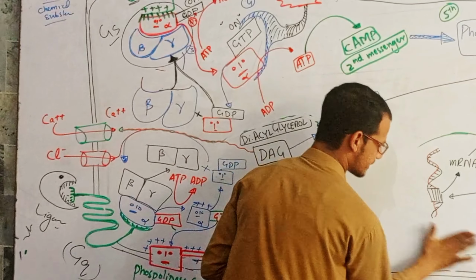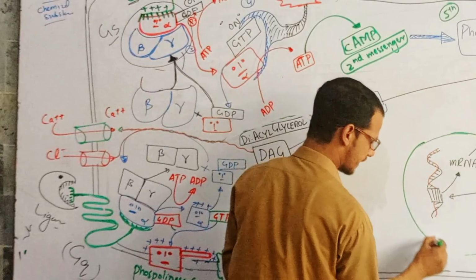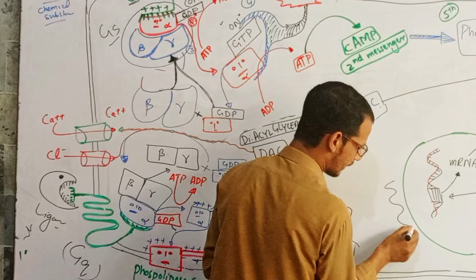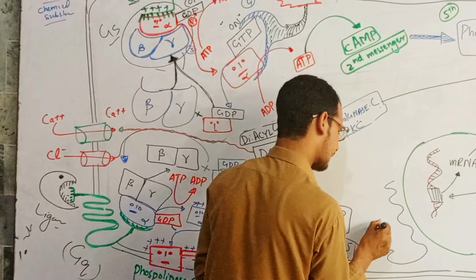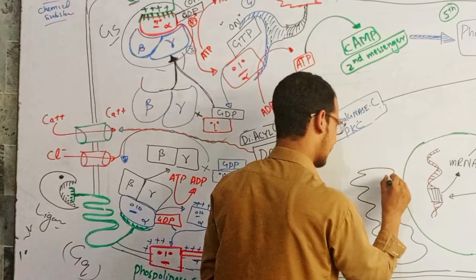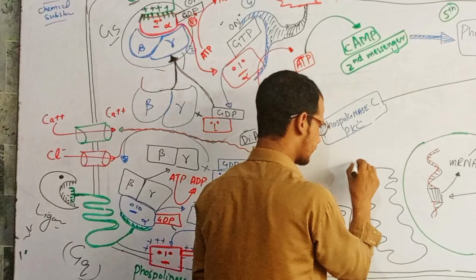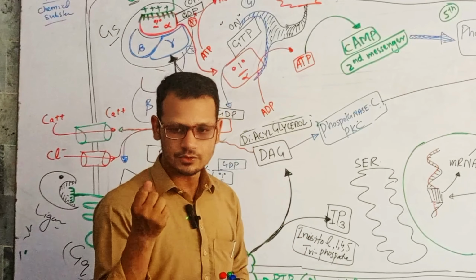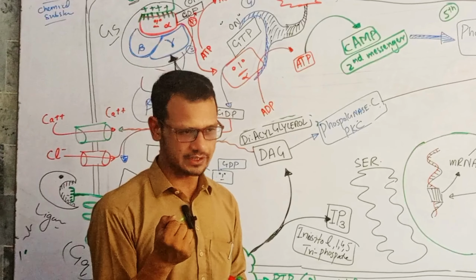For example, this is the nucleus, and after the nucleus we have rough endoplasmic reticulum and smooth endoplasmic reticulum, and the smooth endoplasmic reticulum is responsible for storage of calcium.